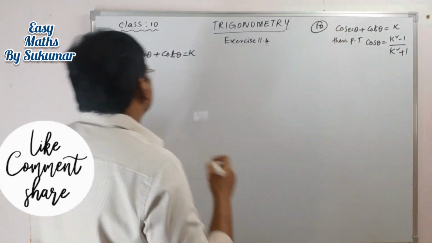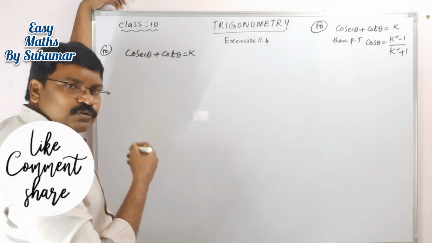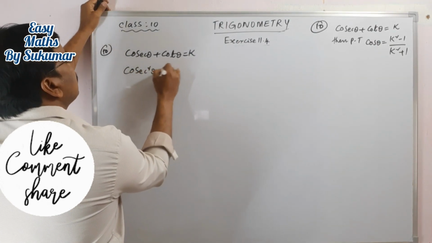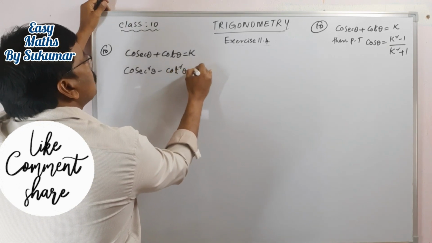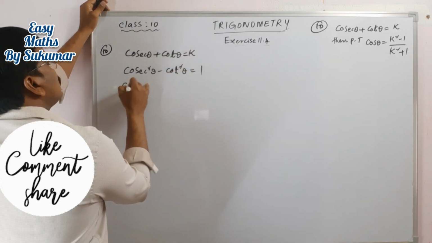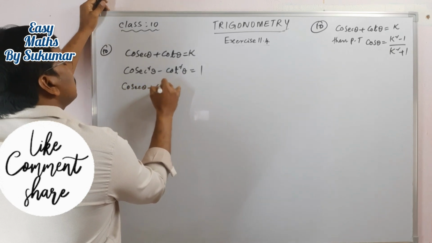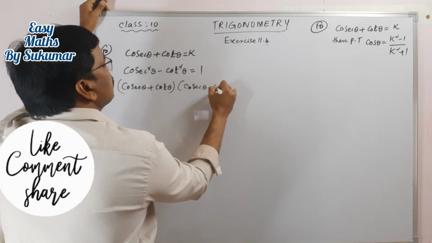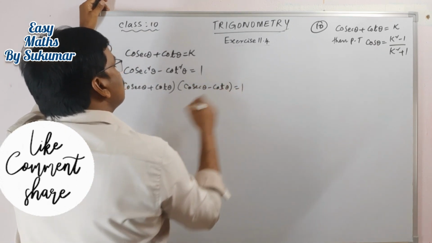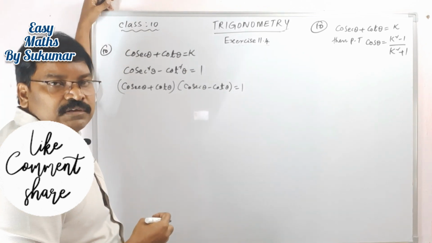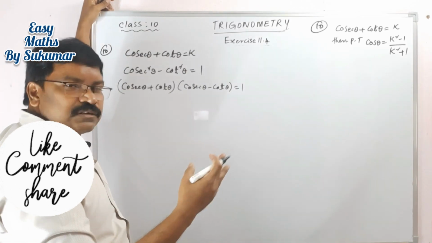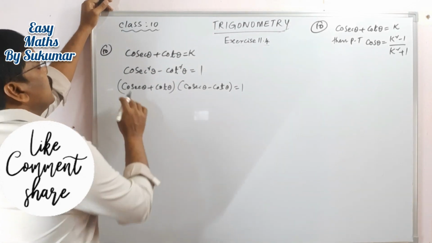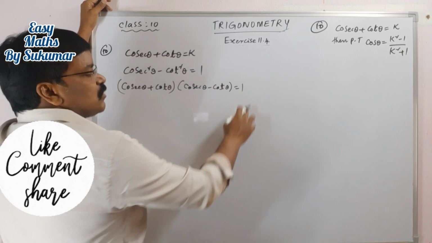See, my dear students, we have an identity: cosecant square theta minus cot square theta is equal to 1. So this is cosecant theta plus cot theta times cosecant theta minus cot theta. I am teaching you this sum in an easy way. Some teachers teach in a long method, but I am teaching you a very simple way, a shortcut. Cosecant theta plus cot theta into cosecant theta minus cot theta is equal to 1.